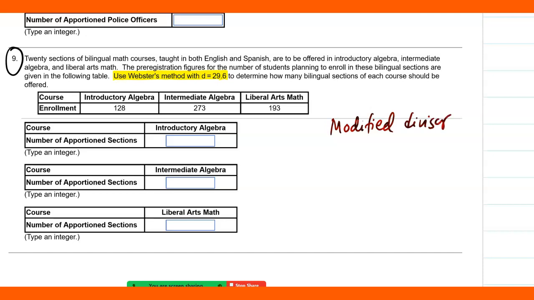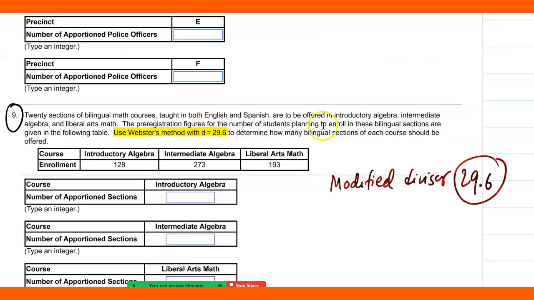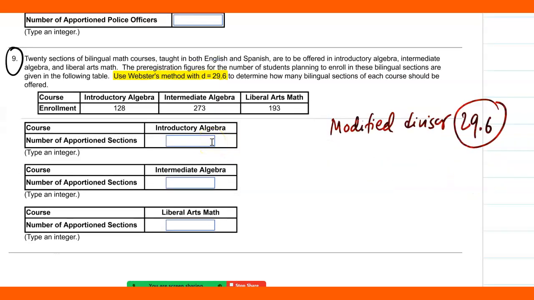That's given here. All right, now let's find the answer for each group here using Webster method. Let's write down the table again here.